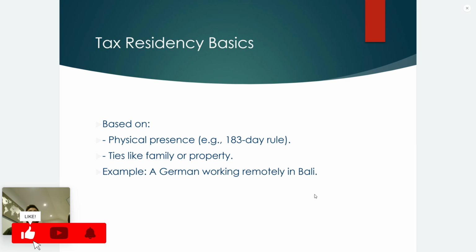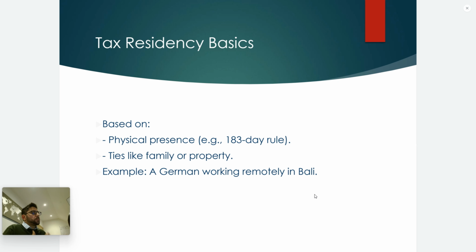The first concept is tax residence, which determines which country has the primary right to tax you. Every country has its own set of rules for defining tax residency, but the most common one is the famous 183-day rule.